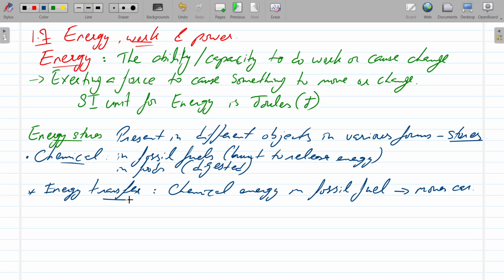And so the chemical energy is transferred to kinetic energy.